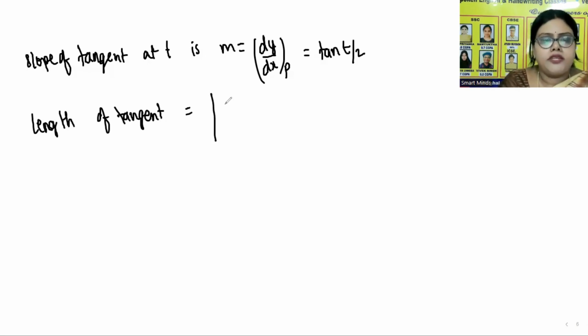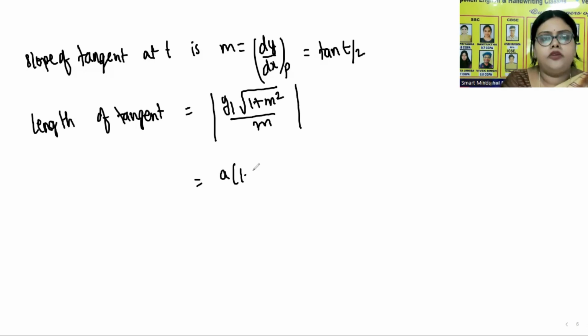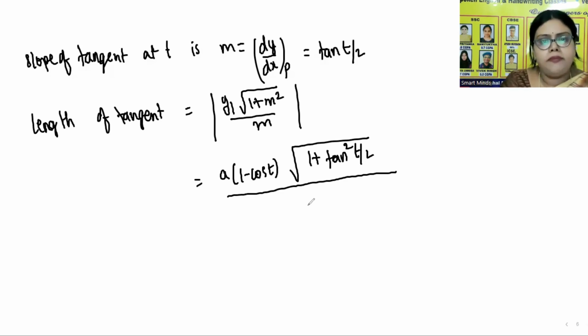So length of tangent formula is y1 into root over 1 plus m square by m. So what is y1? Y1 is a into 1 minus cos t and root over 1 plus what is m? Tan t by 2. So m square will be tan square t by 2 by what is m? M is tan t by 2.